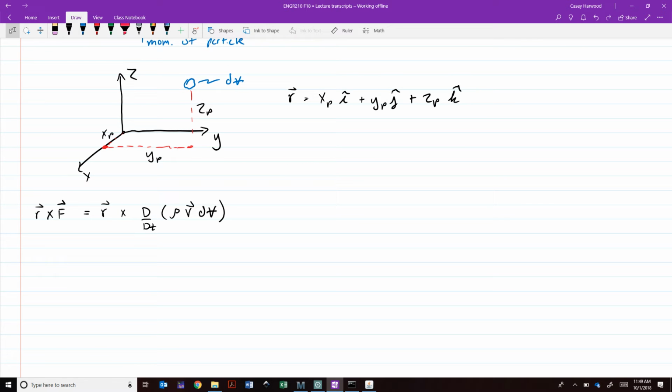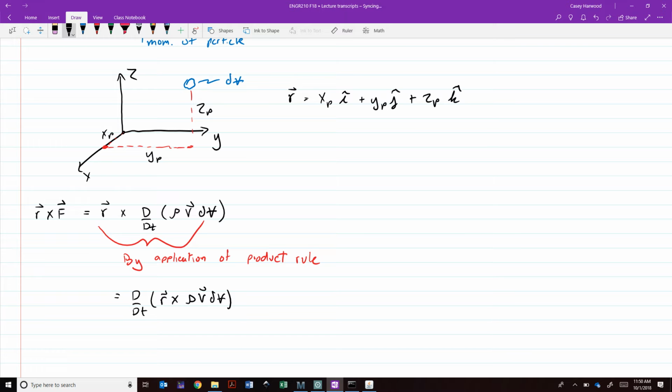All right. Now in this case there's an identity that we can invoke that I'm going to skip over here for the sake of time, but essentially, by application of the product rule from calculus, we can show that this is equal to d/dt of r cross rho v delta V. In other words, we can move that r into our Lagrangian derivative.